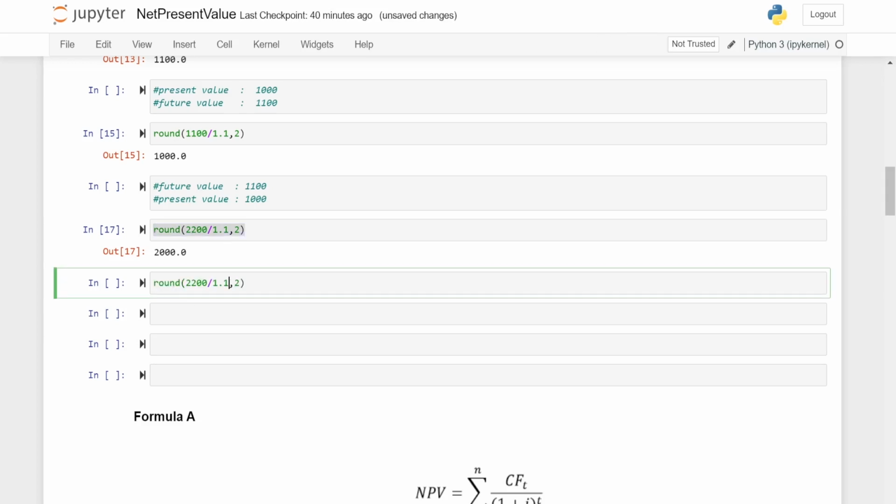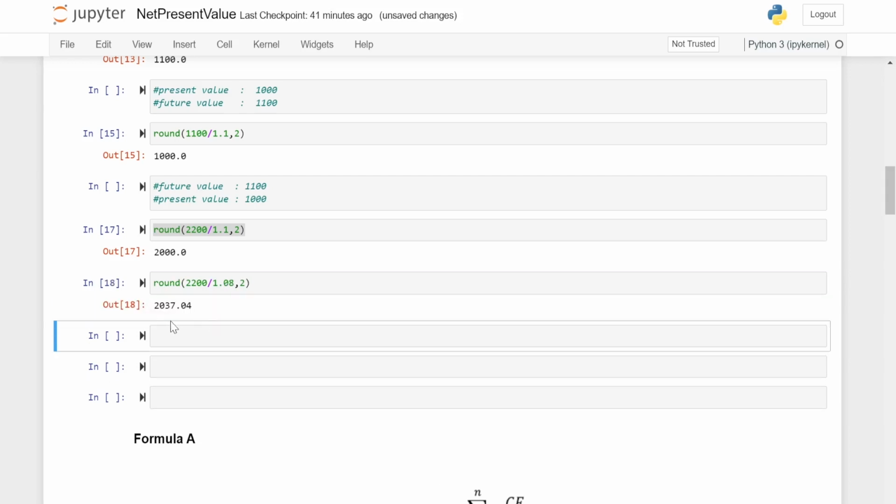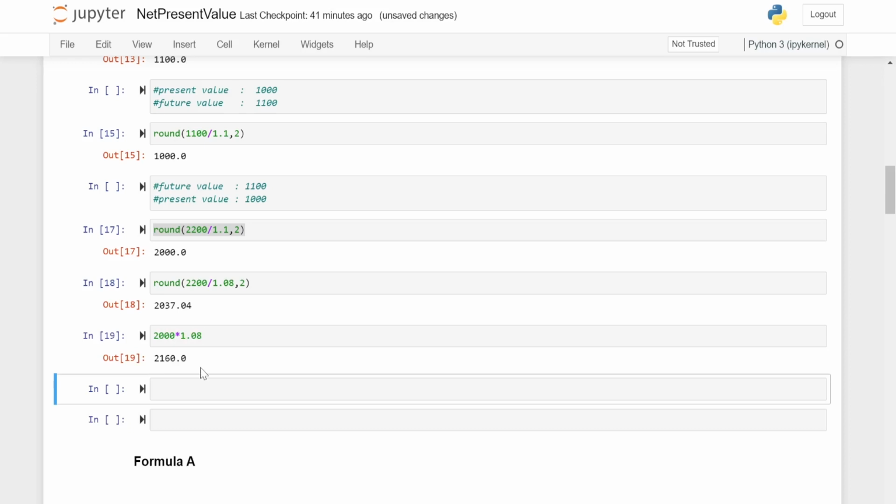Just see, we'll write 0.08, and then what happens? 2037 rupees 4 paise. Look, how much did we invest? 2000. At the rate of 8%, right? This amount would have become 2160 only.